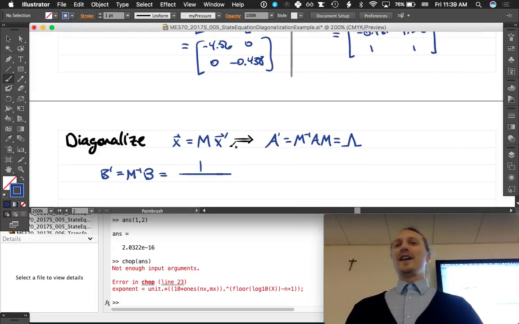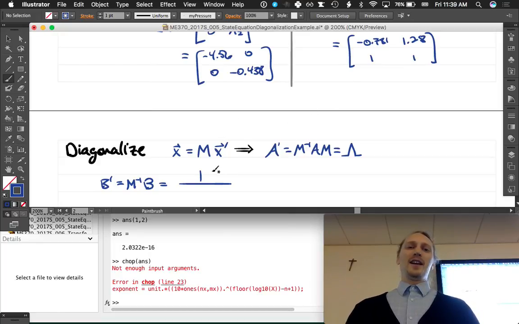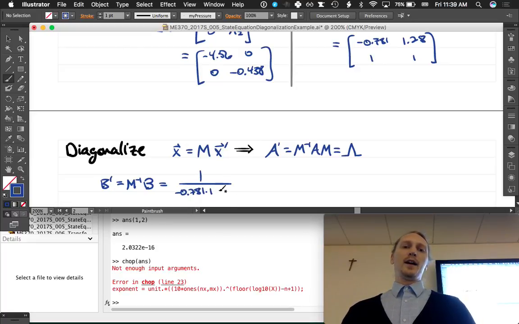There are several ways to do this, but I'm going to do it by saying 1 divided by the determinant, which is negative 0.781 times 1 minus 1.28 times 1. All right, so that's the determinant.